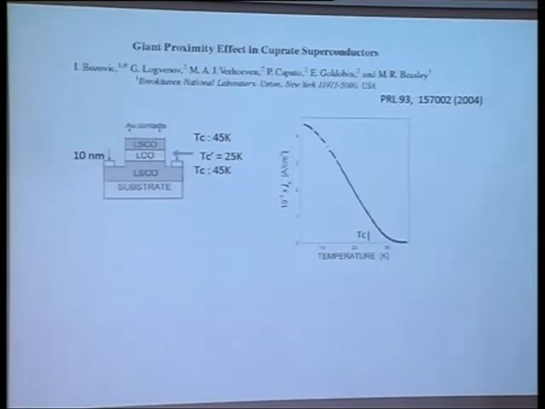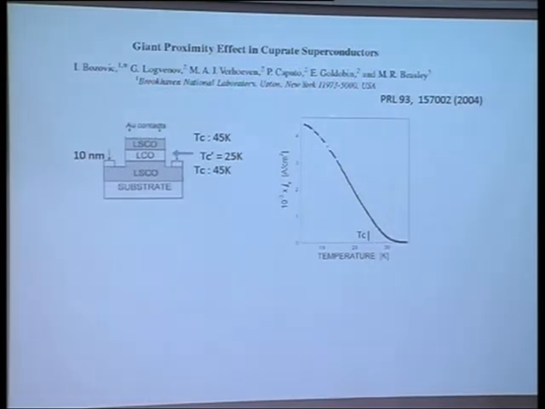So the question is, how can one see that? That's a very interesting but difficult question. One effect that we have been following up on is this. There have been various reports of so-called joint proximity effects in the cuprates.